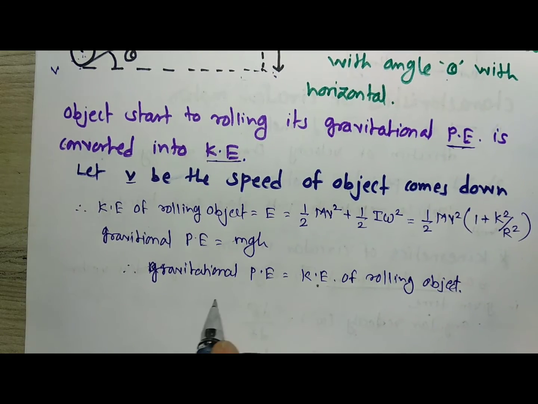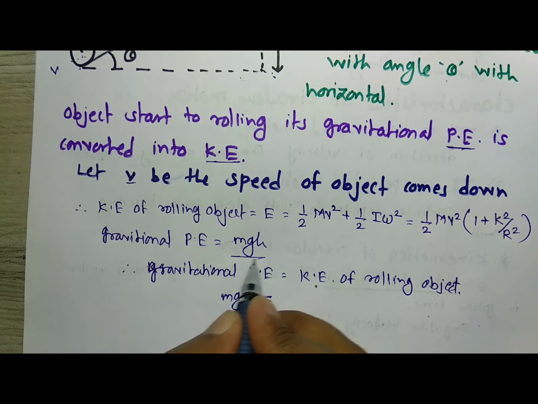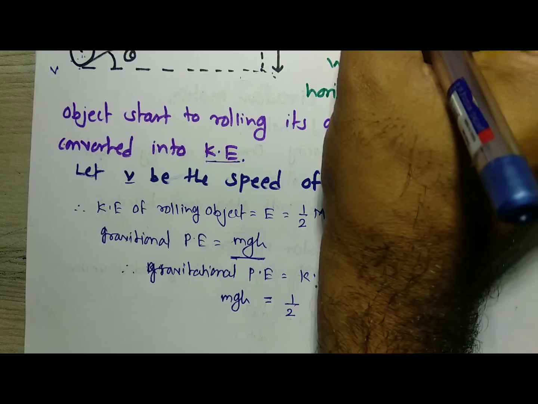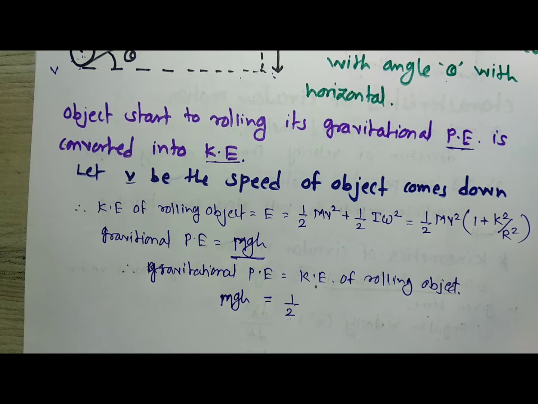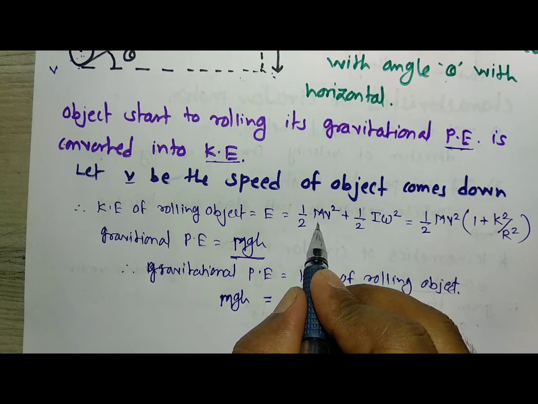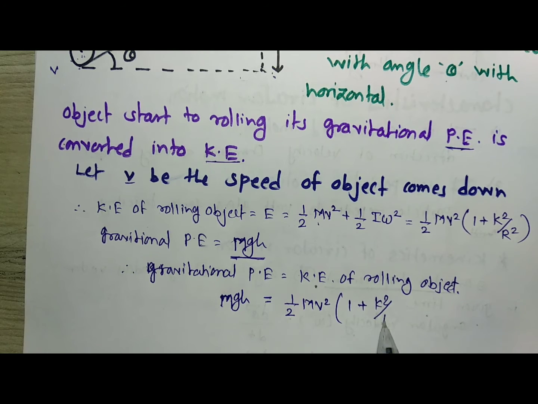Therefore mgh, the gravitational potential energy, is equal to the kinetic energy of the rolling body, that is 1/2. Here we consider capital M as the mass of the object, so mgh is equal to 1/2 M v square times the bracket 1 plus k square divided by r square.